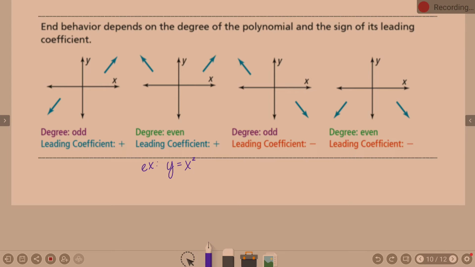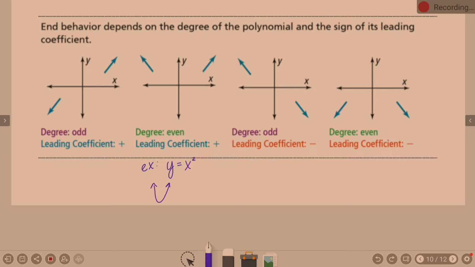What do you know about the graph y equals x squared? That's a parabola, that U-shaped parabola. I'll go back and talk about the first one in a moment. But the idea here about end behavior, if we just think about a parabola, as my graph is going off to the left, as x approaches negative infinity, where's my graph going?